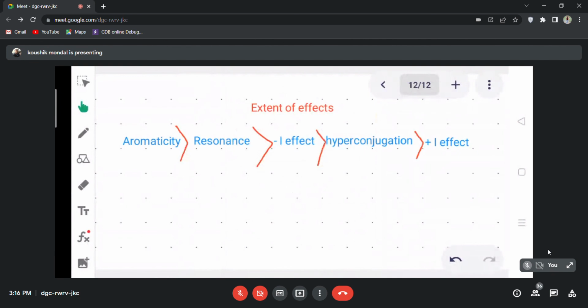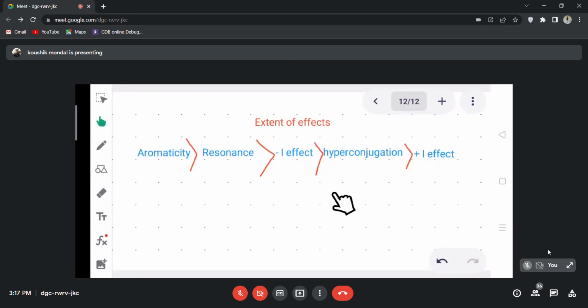At last, the extent of the effects has been given. The most prominent effect is aromaticity, then resonance, then minus I, then hyperconjugation, and the last one is plus I effect.